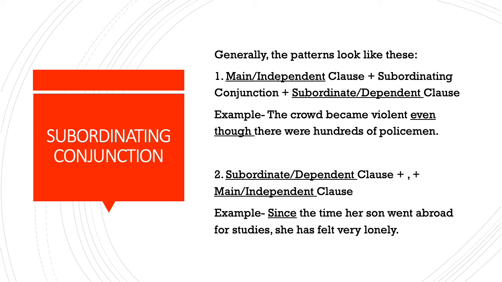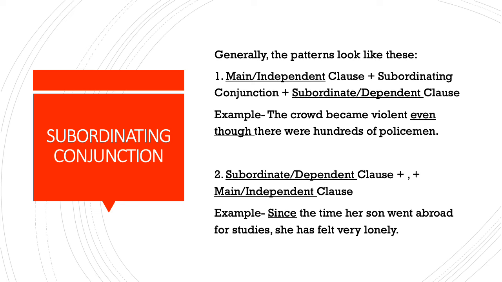Because we have a subject, hundreds of policemen, and a verb, were, but we do not have a complete thought. It is only when I add this section to "the crowd became violent" that the sentence becomes complete: the crowd became violent even though there were hundreds of policemen.